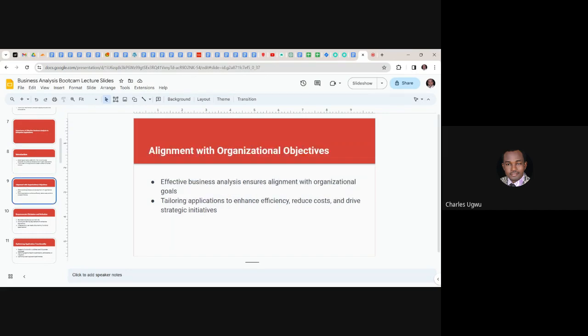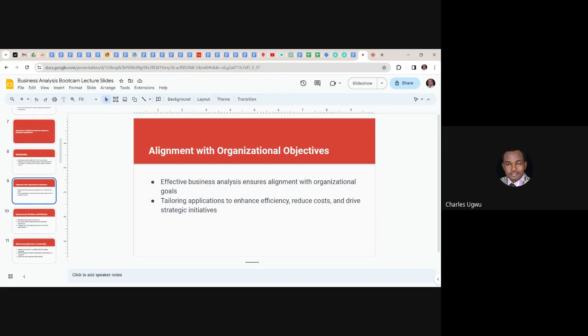Okay, so let's look at alignment with organizational objectives. Effective business analysis ensures alignment with organizational goals, tailoring applications to enhance efficiency, reduce costs, and drive strategic initiatives.